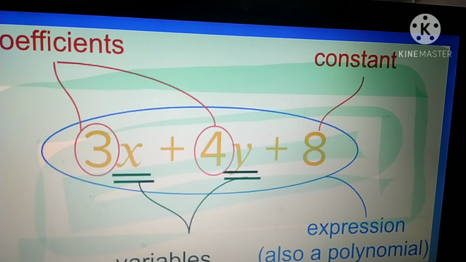Here monomial means nothing but a single term. If you talk about this 3x, the coefficient of x means the remaining value in the term, which is 3 here. So the coefficient will be 3.